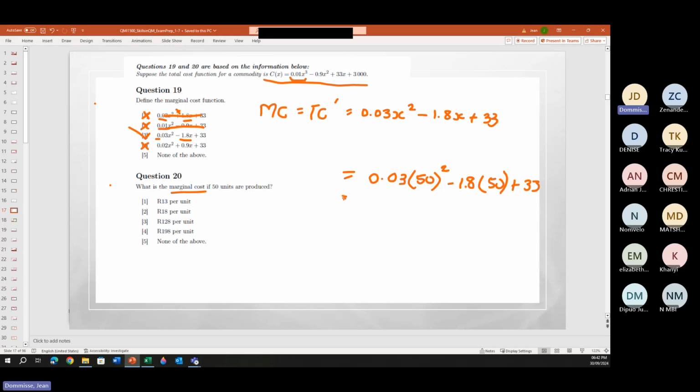Okay, so let me get my calculator. I'm not going to try to do that in my head. So 50 to the power of 2 is 2,500 times 0.03. So that's 75. And minus 1.8 times 50 is minus 90, plus 53.